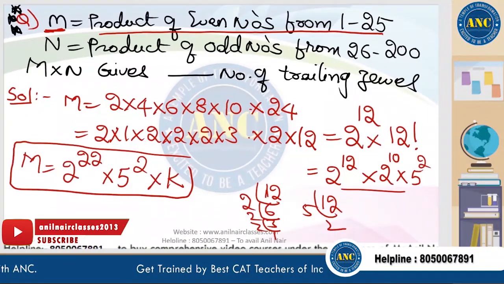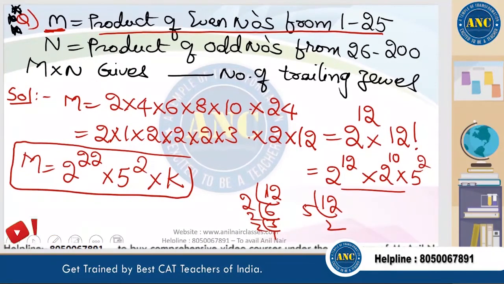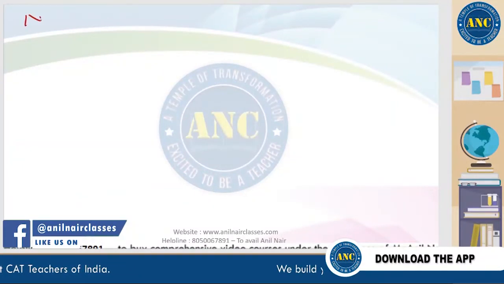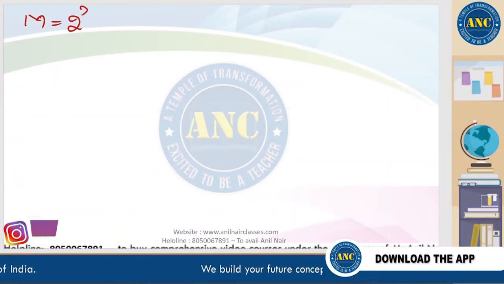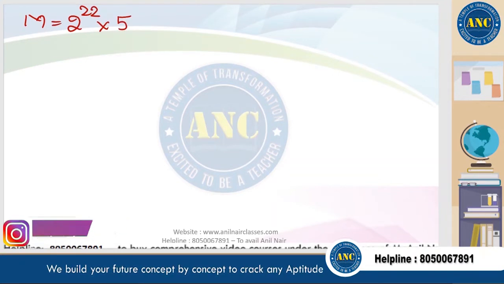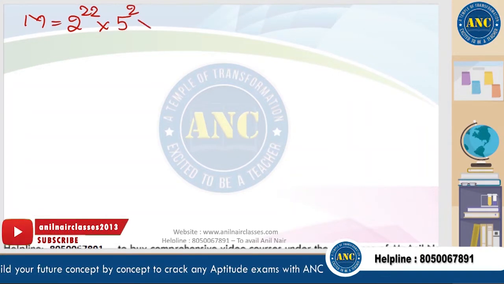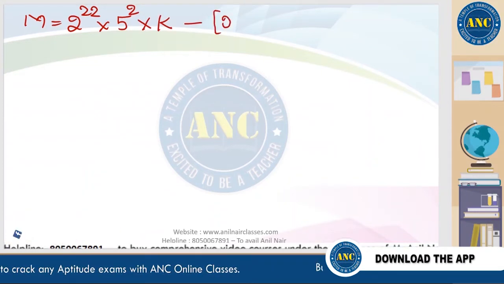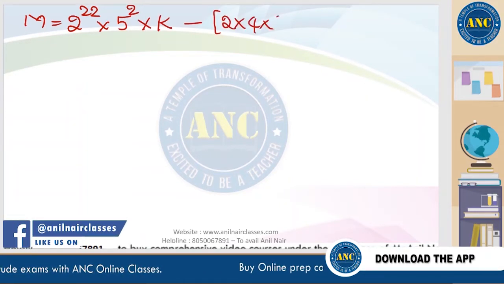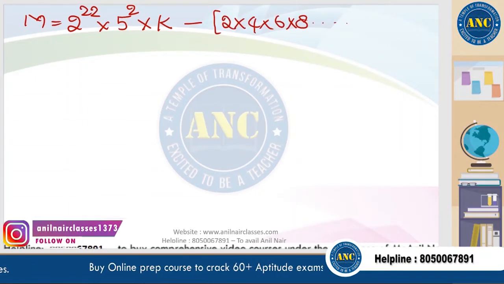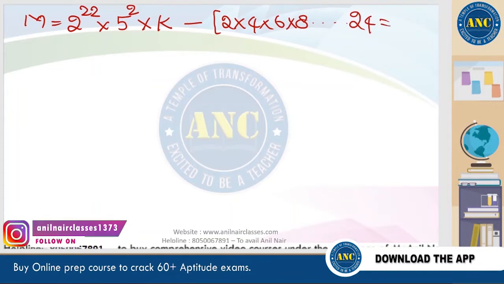Now N also we have to write. So I am taking a new slide, sir. M is nothing but 2 power 22 into 5 square into k, which is the product of all even numbers till 24.